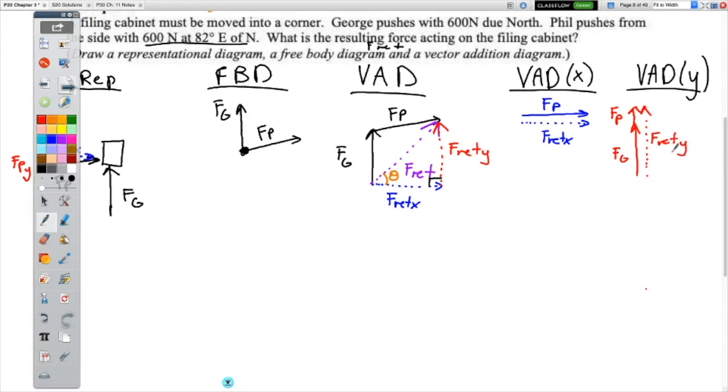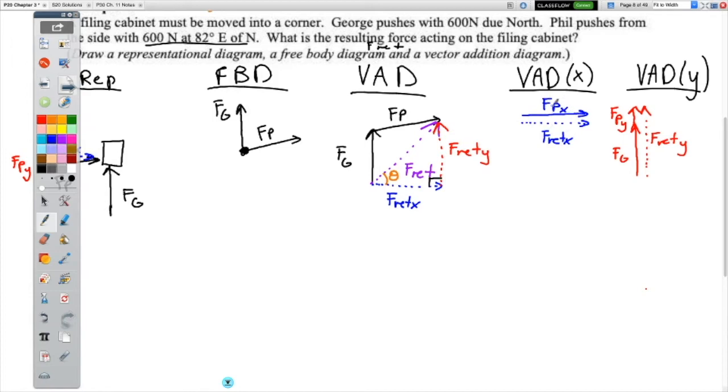We are saying with a diagram here something we are going to say with math in a second. Now, it's important to understand that a vector addition diagram is an equation. We are saying that F net x is F Phil x. We are saying that F net y is F Phil y plus F g. Sorry, going back to that, anything I said about F Phil, I was talking about F Phil x.